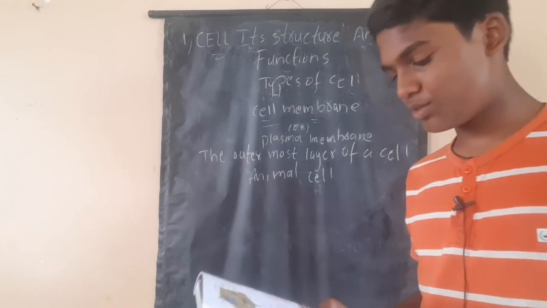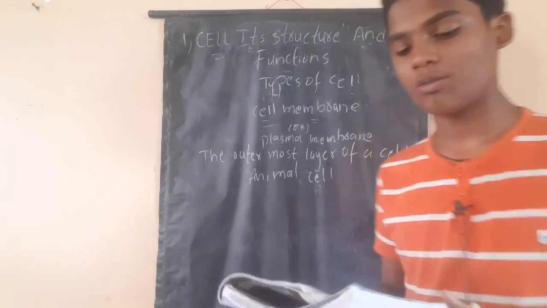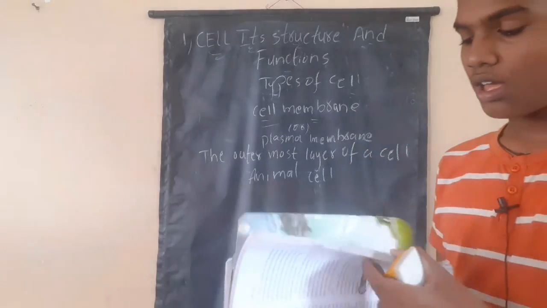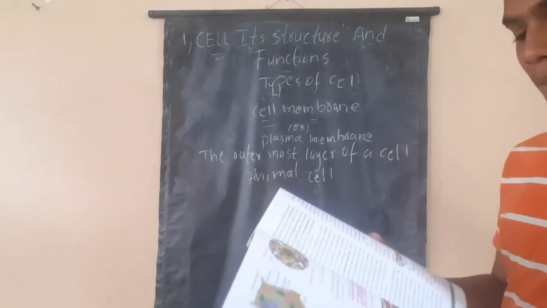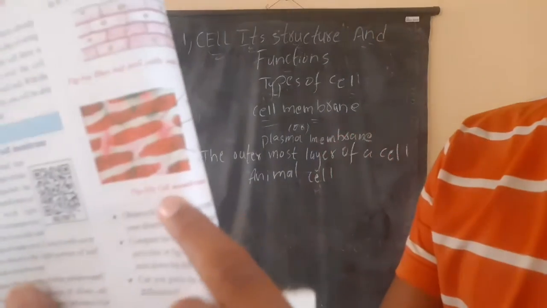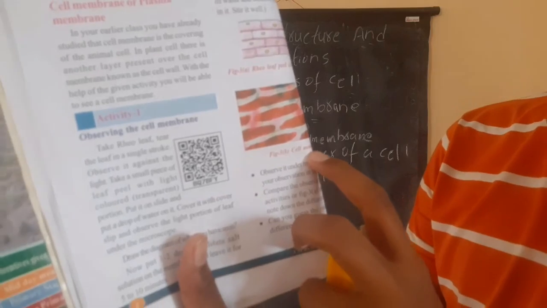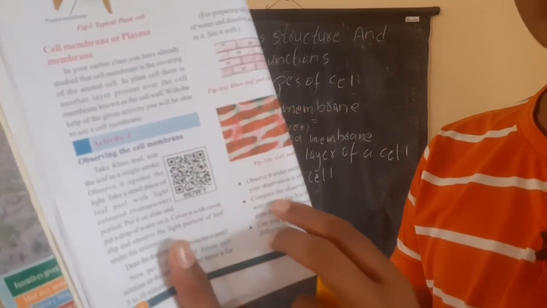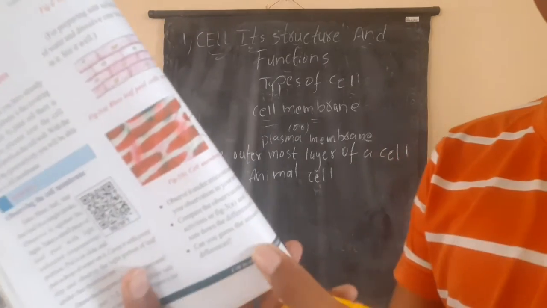Now let us see observing the cell membrane. How do we observe it in a microscope? Take a microscope and observe it carefully. We can see the cell membrane like this in the microscope diagram.